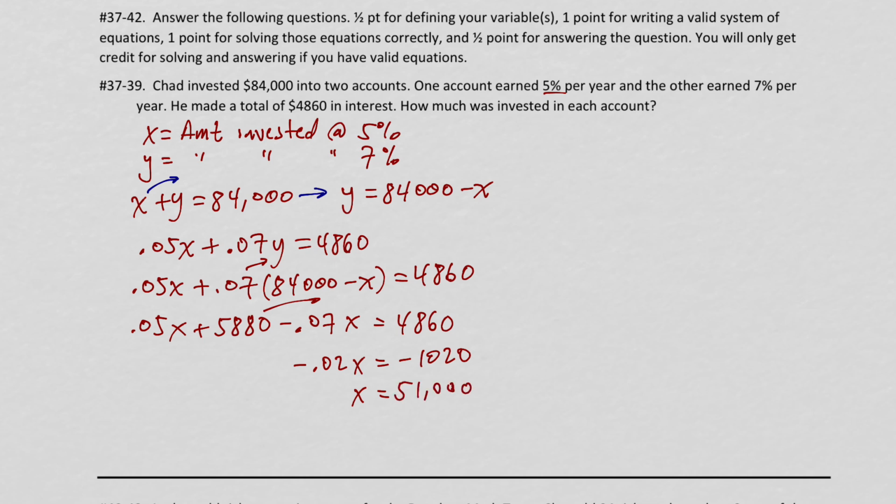I just found X, which represents the amount invested at 5%. To find Y, this is going to be 84,000 minus that. So 84,000 minus 51,000 is 33,000.